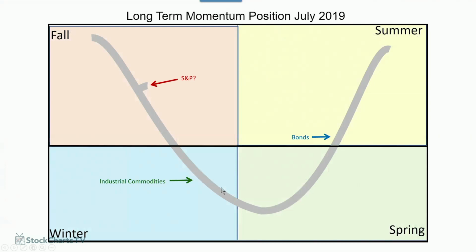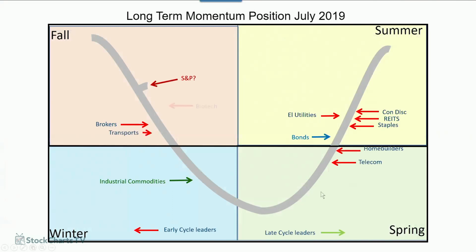But until we get some trend confirming signals, we have to assume that the momentum and the trend of industrial commodities is still down. So then we're going to look up at our early cycle and late cycle leaders. And here's the early cycle. And remember, there were a few of them clustered around here and slightly above zero back in February.